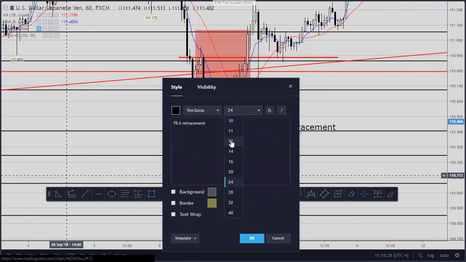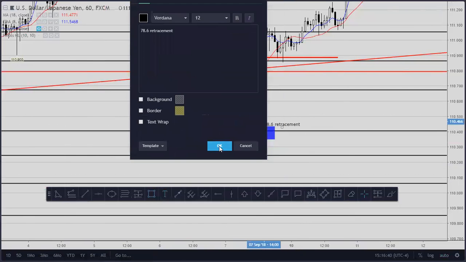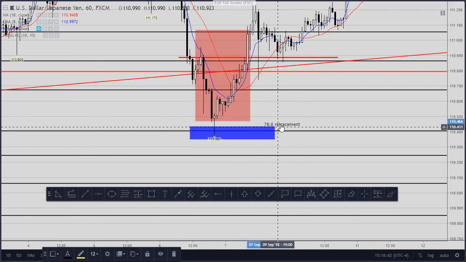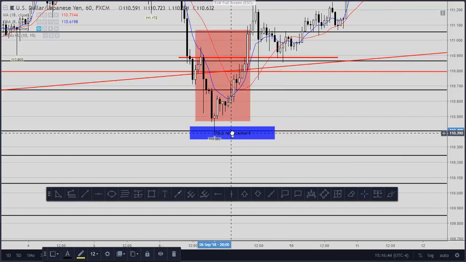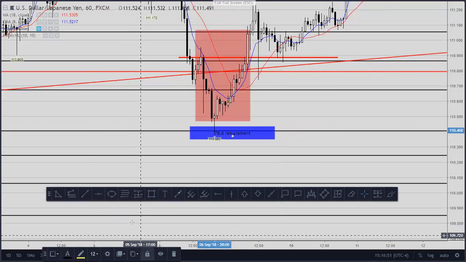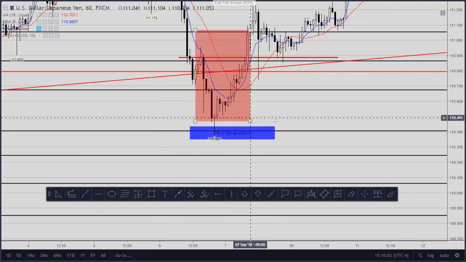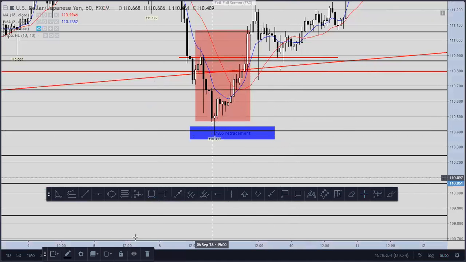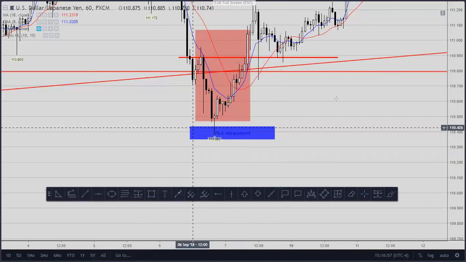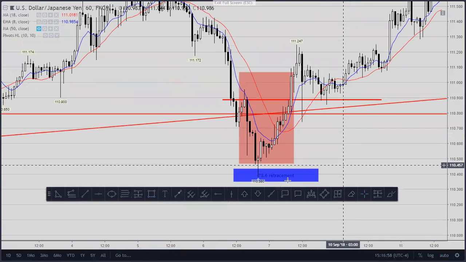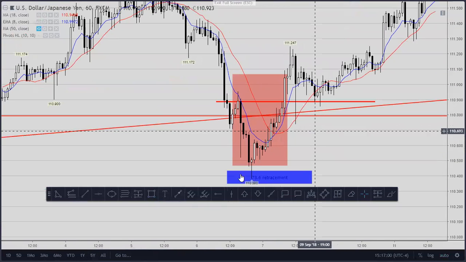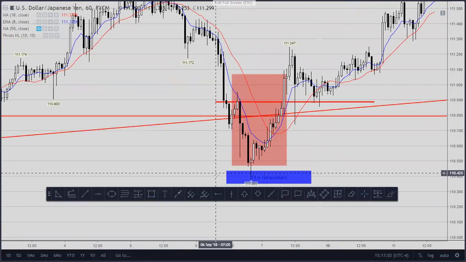Make this a bit smaller. I'm gonna put it inside of that zone. Switch it back and lock. And let's delete this because I really don't want to have a lot of lines. You kind of forget what lines are what. So I just zoned that with where that 78.6% retracement landed.